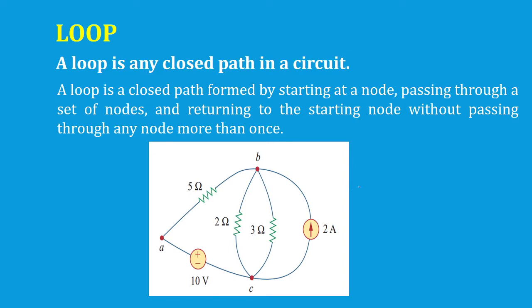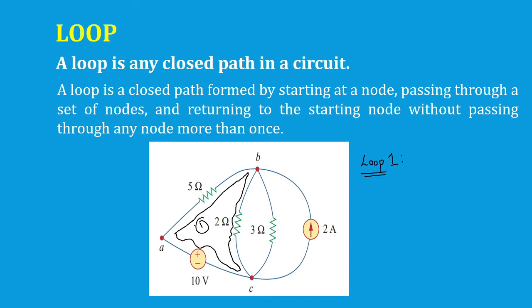Let us see loop 1, the first loop. I am starting at node A. I go to node B through the 5 ohms resistor, and from node B, through a 2 ohms resistor, I reach node C, and again I come back to node A. So this becomes loop 1.